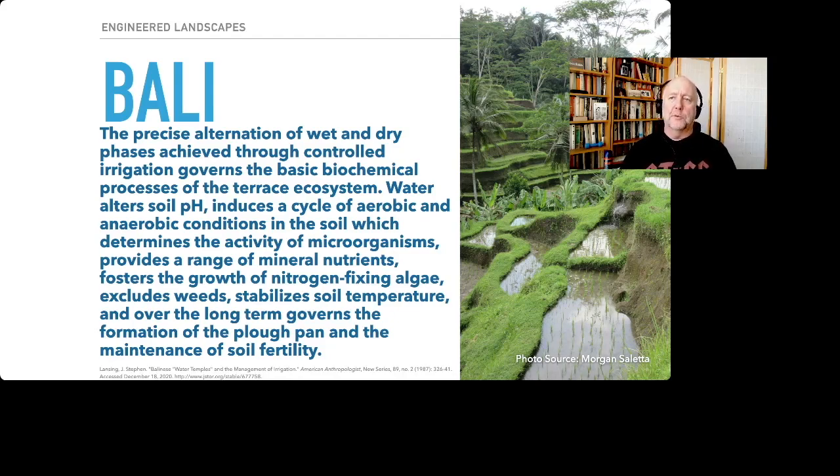Water alters the soil pH. It induces a cycle of aerobic and anaerobic conditions in the soil, which determines the activity of microorganisms, provides a range of mineral nutrients, fosters the growth of nitrogen-fixing algae, excludes weeds, stabilizes soil temperature, and over the long term governs the formation of the plough pan and the maintenance of soil fertility."